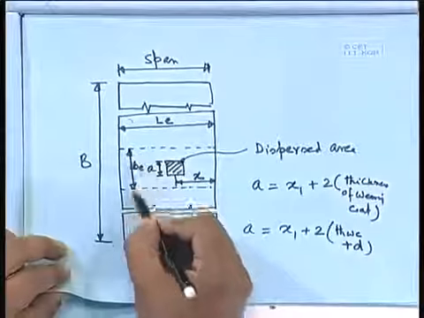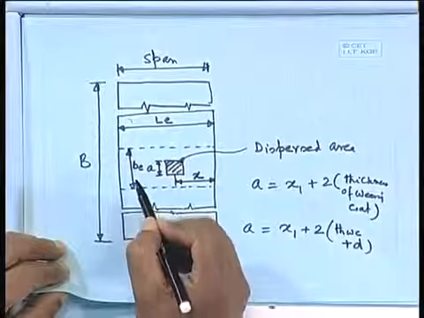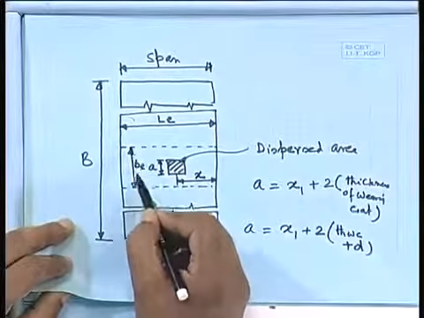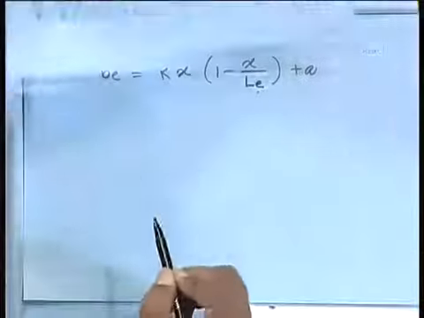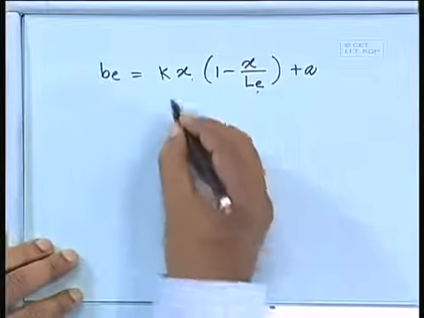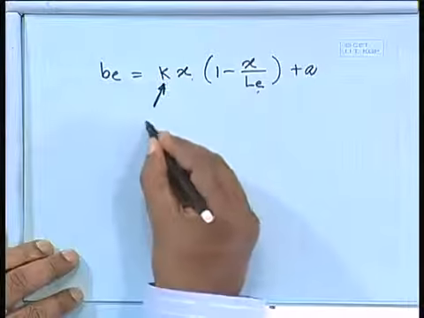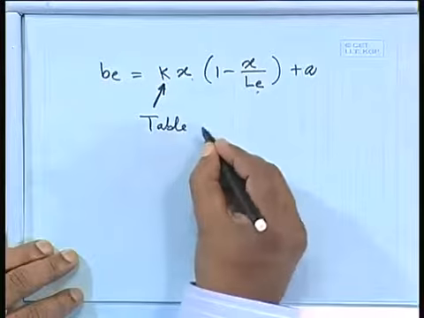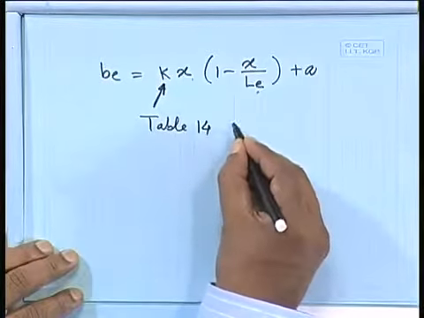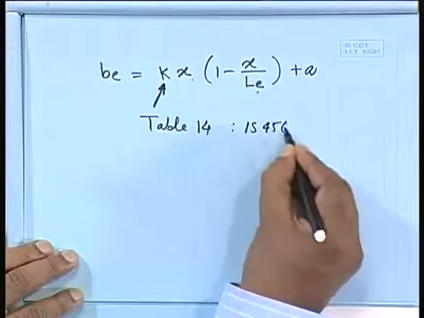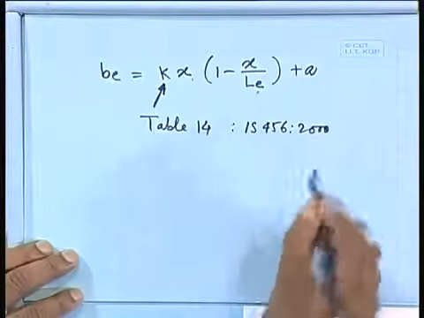Instead of taking it per meter width or anything, it could be that effective width. So I have got this effective width, and what is the value of K? This one I shall get from Table 14 of IS 456:2000.